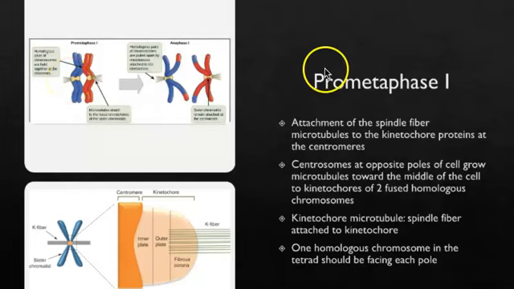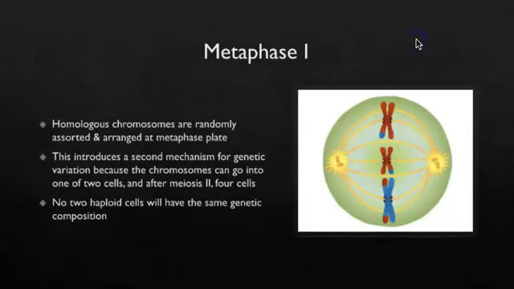And then let's move into metaphase 1. Here the homologous chromosomes line up along the metaphase plate in the center of the cell. What's really important is that this alignment is completely random. Each pair of homologous chromosomes can orient with either the maternal or the paternal homolog facing each given pole.